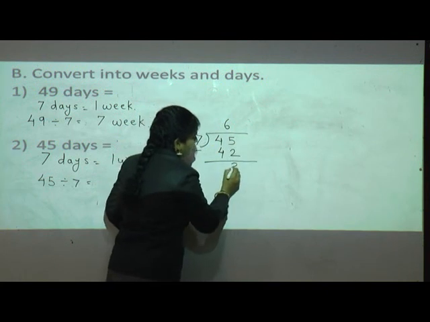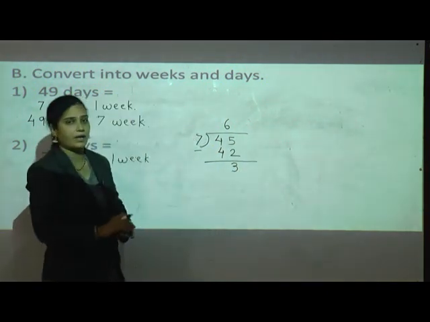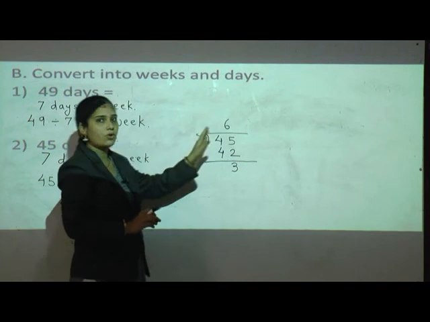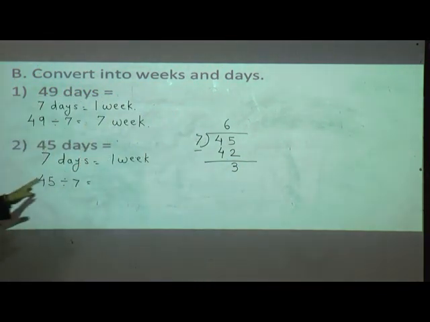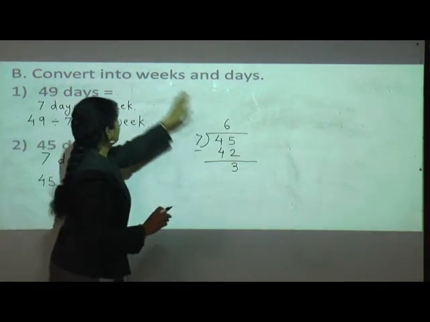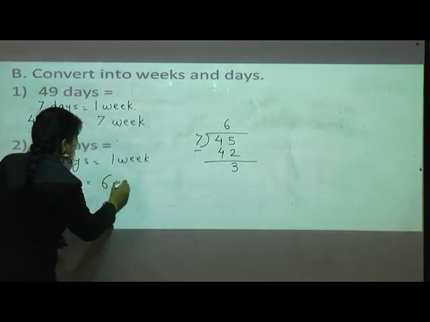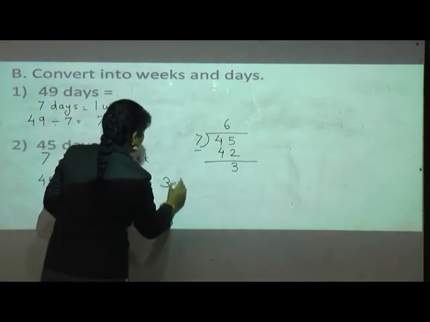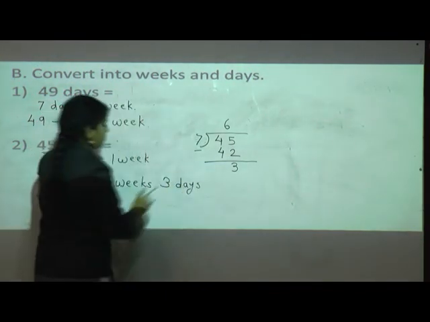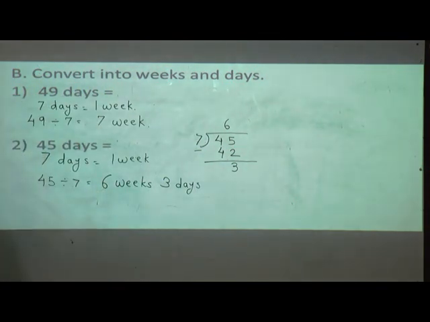So here the remainder will be 3 and the quotient is 6. So when we are dividing, this quotient will be 6 weeks, and the remainder will be the days. Okay, all of you understood this? Now we'll see the next example.